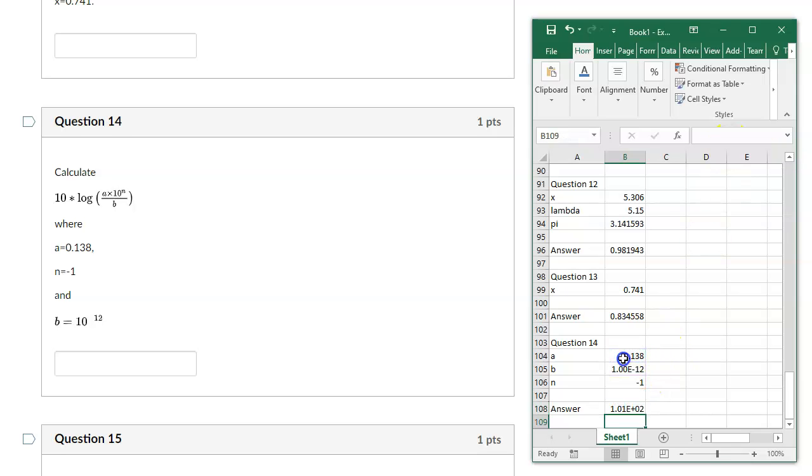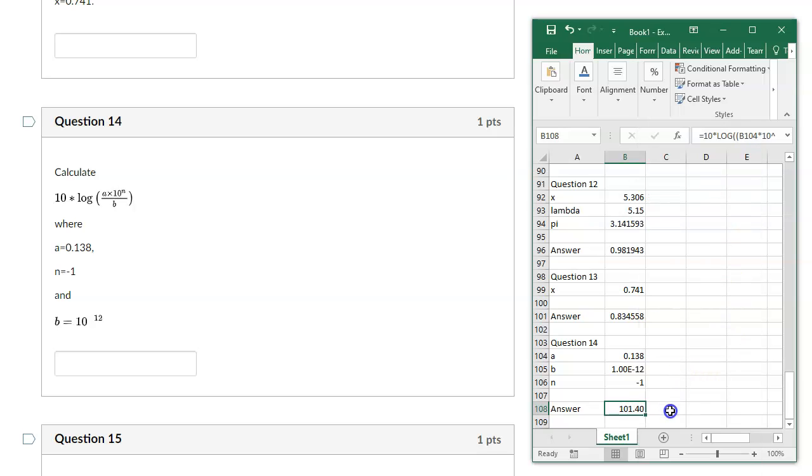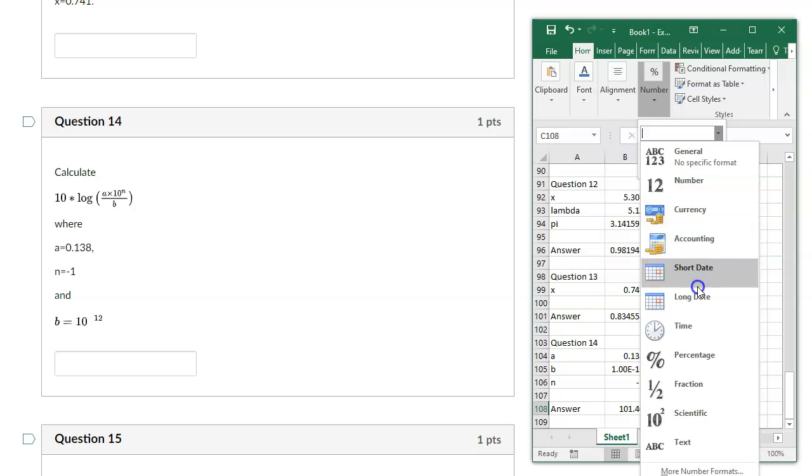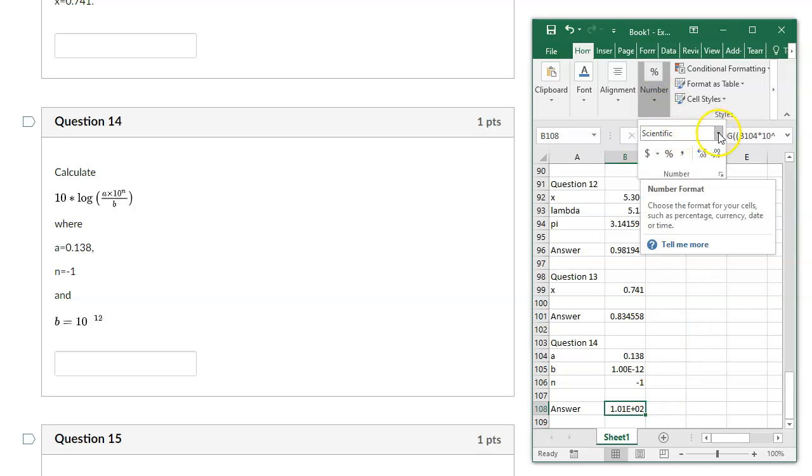I used A instead of the cell, the value A. All right, now one of the things you're going to have to do, here it is, it has stuck this into scientific notation, but you need it in regular number notation. So we're just going to do that, right? And so 101. All I did was switch from scientific notation, which does that form, to just the regular number notation.